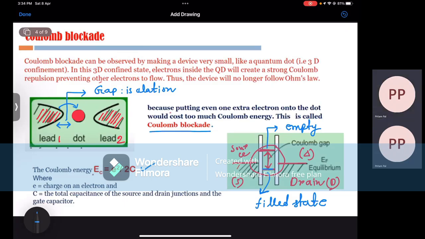And remember this Coulomb gap increases if the size of this quantum dot decreases. If the size decreases, what will happen?